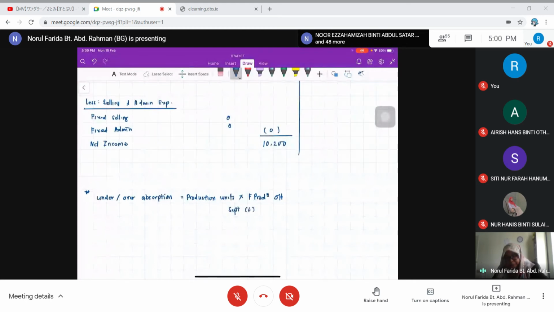Let's do September first. Your normal capacity production is 900 units. The normal level of activity or budgeted activity for both sales and production is 900 units per month. So 900 units.